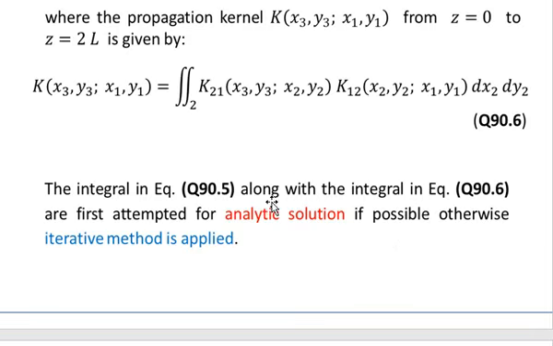So the integral in equation number 5 along with the integral in equation number 6 are first attempted for analytical solution if possible. Otherwise, the iterative method is applied.